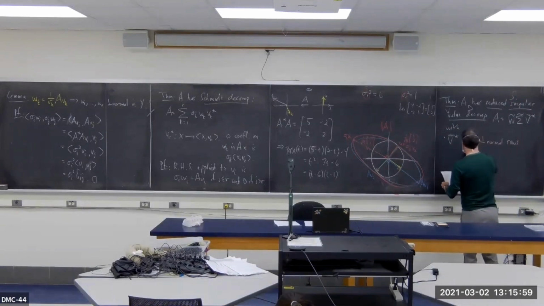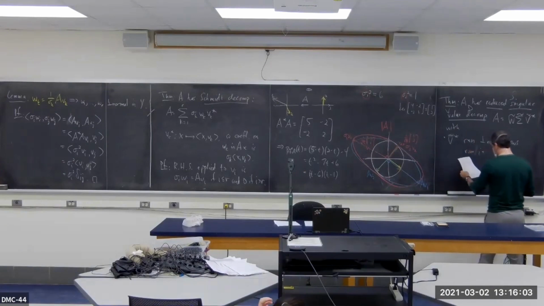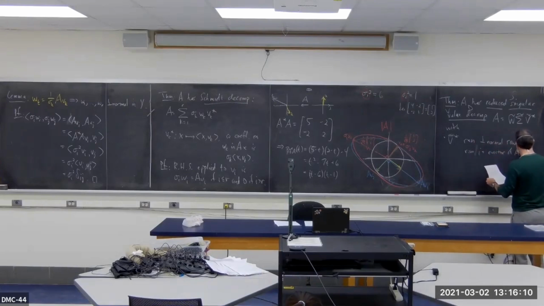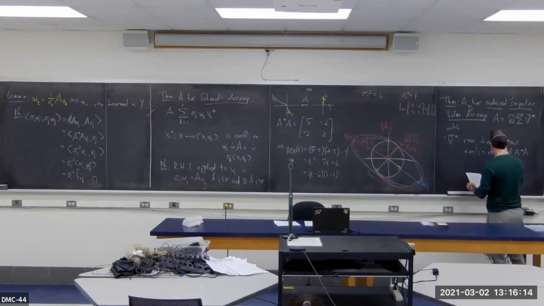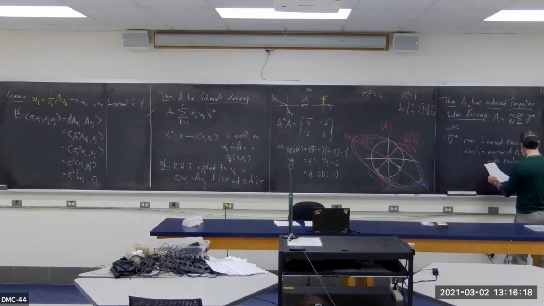And the point is that row i is going to be an eigenvector of A star A with eigenvalue sigma i squared, but you want that to be the complex conjugate row.